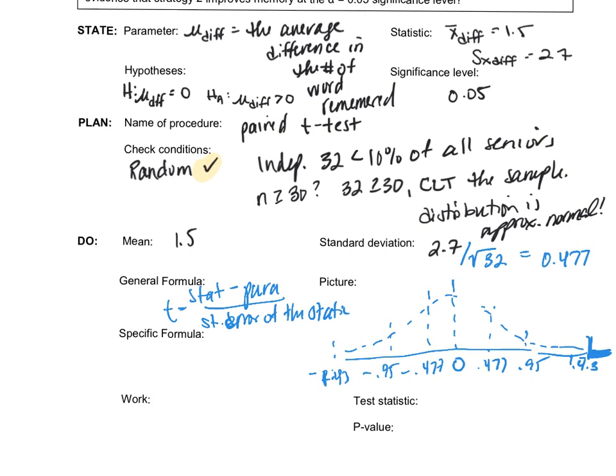Okay, and so when I do that, let's figure out what I'm going to get. So my t value is going to be 1.5 minus 0 over 0.477, which is 3.14465. And based on what we've seen before we go looking, we're going to guesstimate that with a test statistic of 3.14465, even with 31 degrees of freedom, that p-value is going to be fairly small.